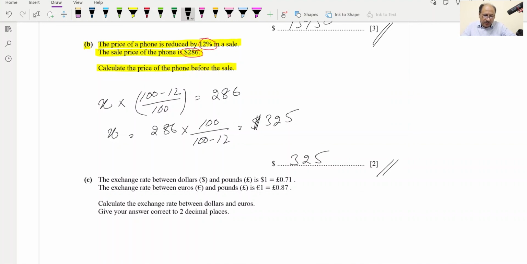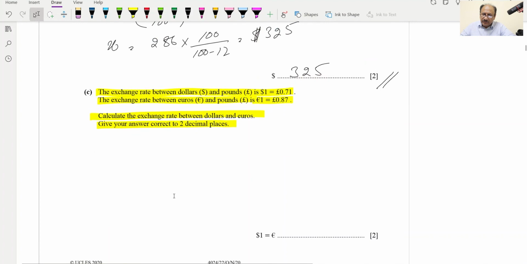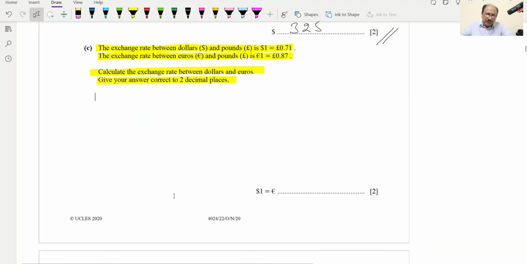Hopefully you understood. Now C part. The exchange rate between dollar and pound is 1 to 0.71 pounds. The exchange rate between euro and pound is also provided. Calculate the exchange rate between dollar and euro. Give your answer to 2 decimal places. Here it's a little different question.